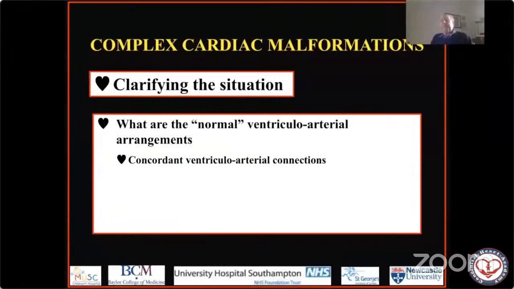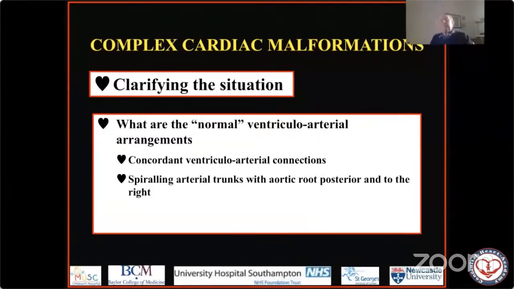So if we're going to sort all of this out and we're going to produce the necessary clarity, we have got to understand what are the normal ventriculo-arterial arrangements. And you see, I'm talking here about the overall arrangements, because the larger part of those normal arrangements is, of course, concordant ventricular-arterial connections.